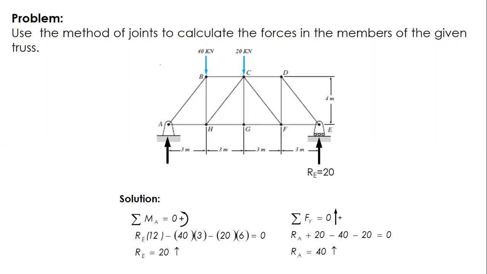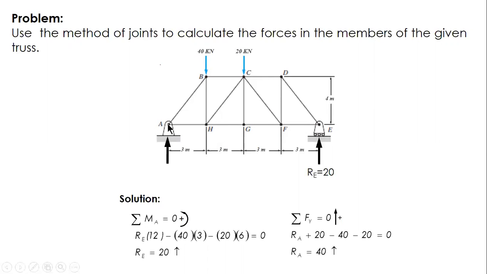Now, if you will use the method of joints, there are two styles: either use the angle of the members or use the slope. For the slope of members AB, CH, CF, and DF, it is 4 vertical, 3 horizontal. Therefore, the length of member AB is 5, and the same for all the other diagonal members.